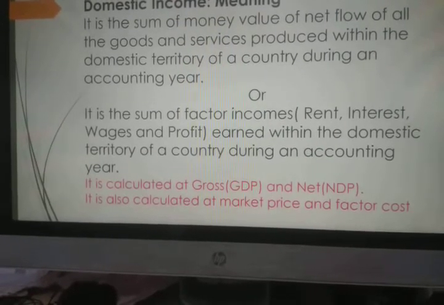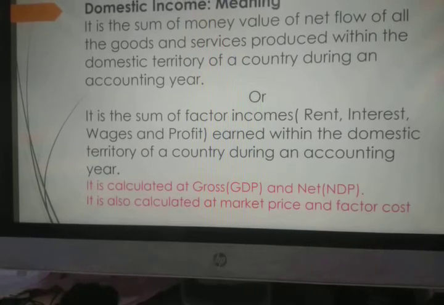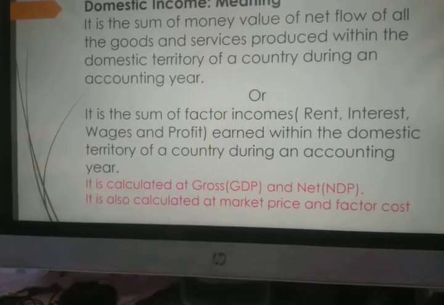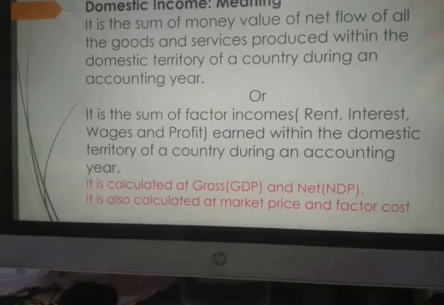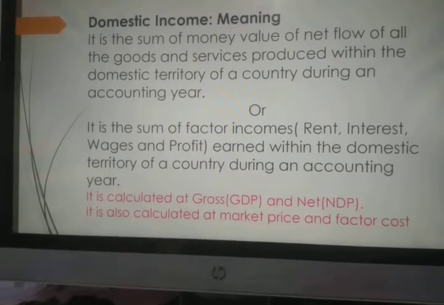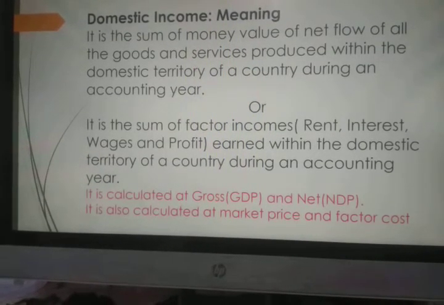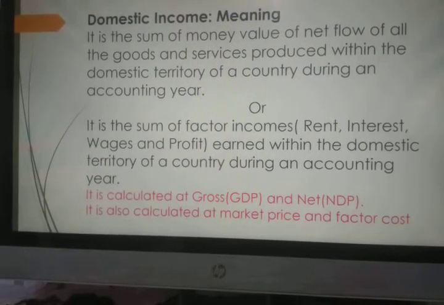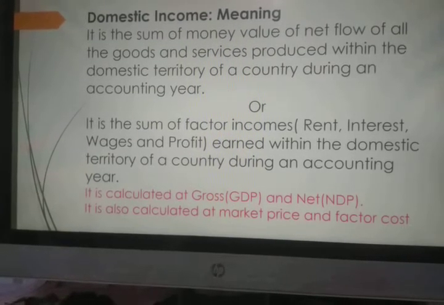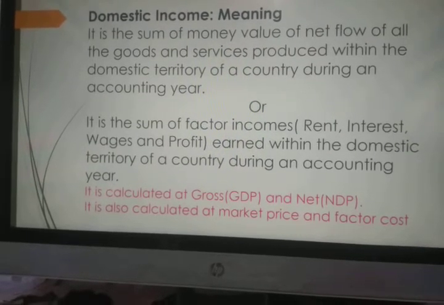Now, it is also calculated in gross and net, and at market price and factor cost. But NDP FC, net domestic product at factor cost, is what you call domestic income. And others like GDP MP, GDP FC or NDP MP are taken as the related aggregates to domestic income.